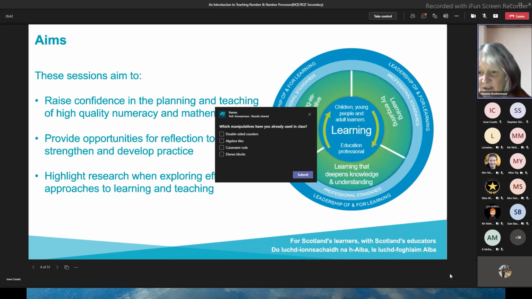I think we mentioned that in session 1, and we will refer to it quite frequently through the sessions. Great, so it looks like the most popular one so far is Algebra Tiles. That's good to see that quite a lot of you have had the opportunity to work with some.